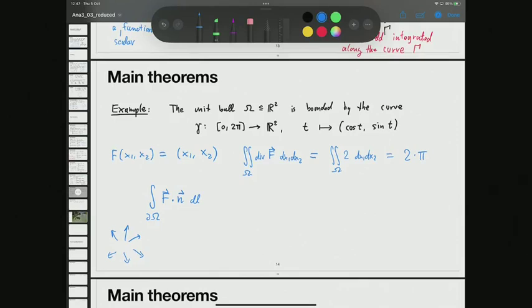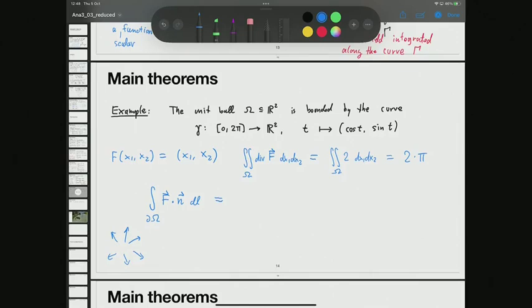So in this case, you can just abbreviate a bunch of calculations. The outer unit normal at x1, x2 is just a vector in direction x1, x2, because we work on the unit circle. So it means we integrate x1, x2 times x1, x2.